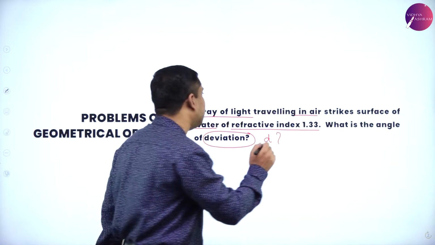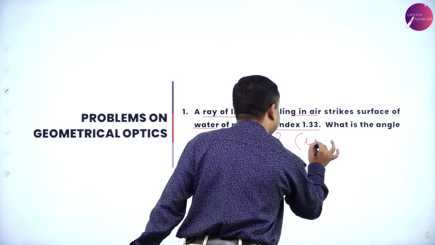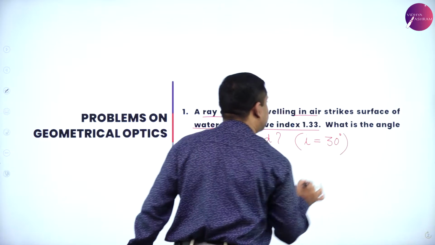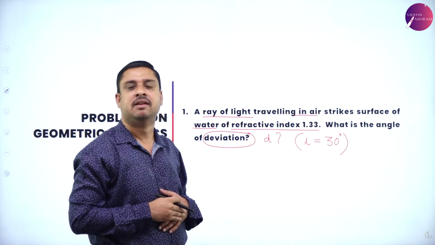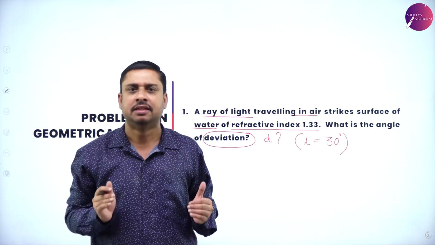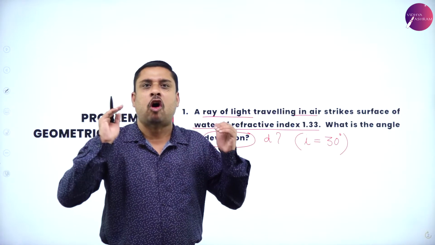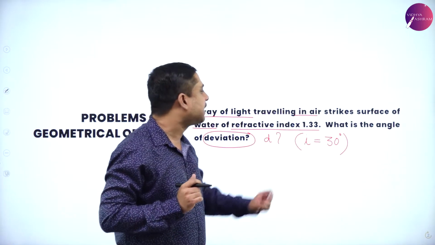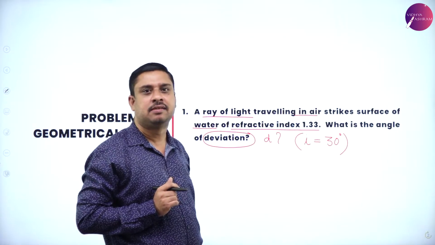Angle of incidence is not given. We will take the angle of incidence to be 30 degrees. So the ray of light is incident on the surface of water at an angle of 30 degrees.